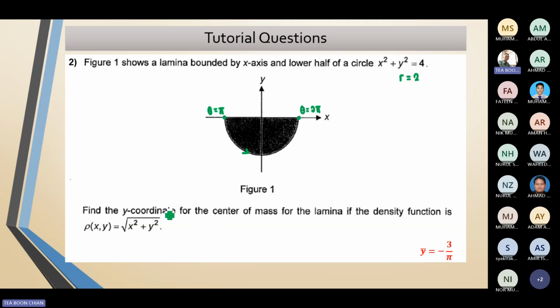Now look at the question. Find the y-coordinate for the center of mass for the lamina if the density function is the square root of x squared plus y squared.